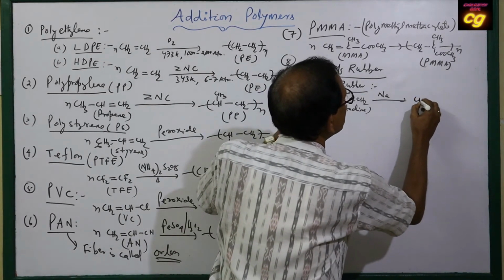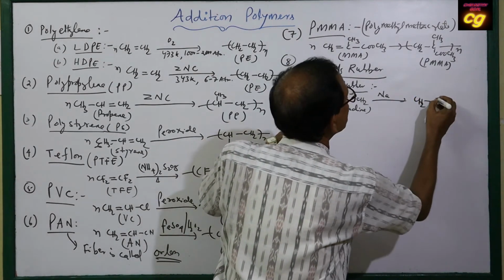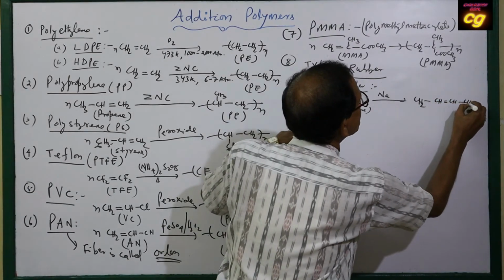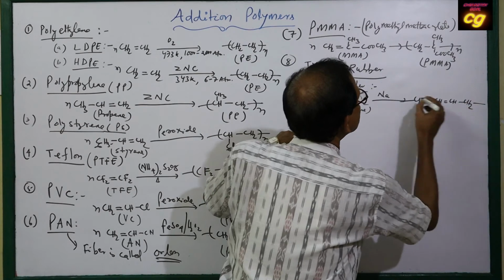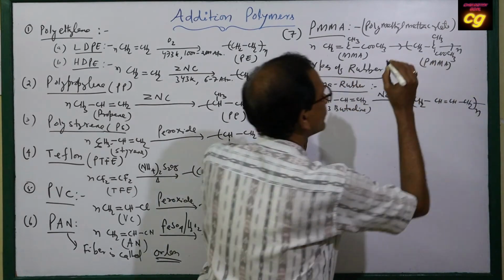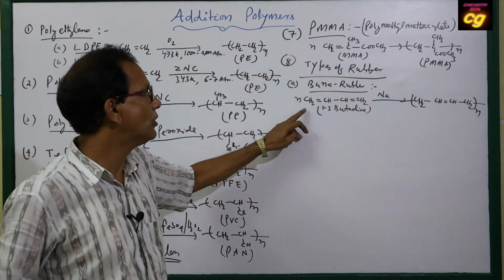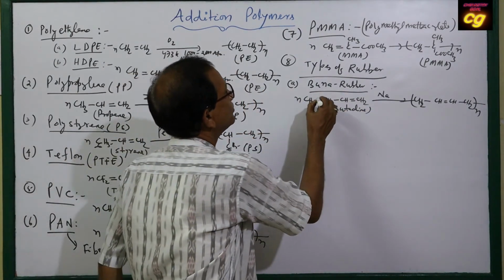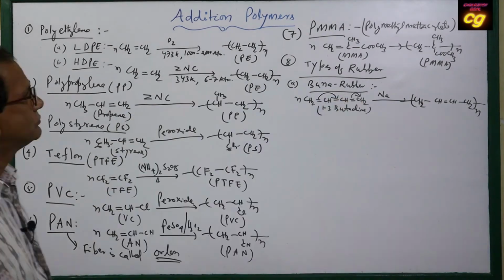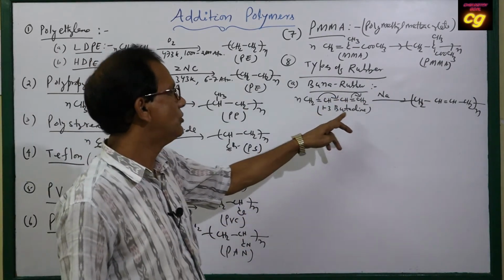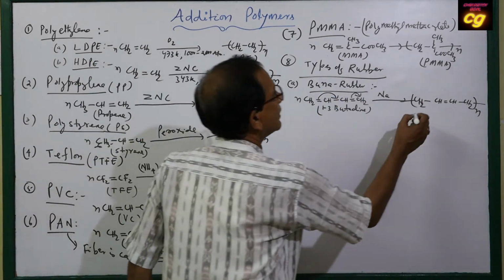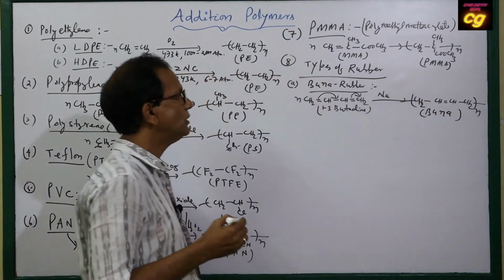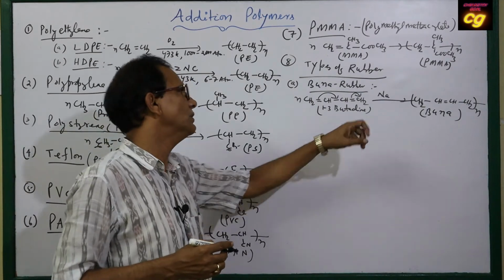The polymer is like this, everything same, then single bond, then CH double bond CH, CH2, both sides extended. Here the double bond becomes single bond and a new double bond forms. During polymerization it breaks like this. So 1,3-butadiene converts to Buna rubber. This is called Buna rubber, only a polymer of 1,3-butadiene.